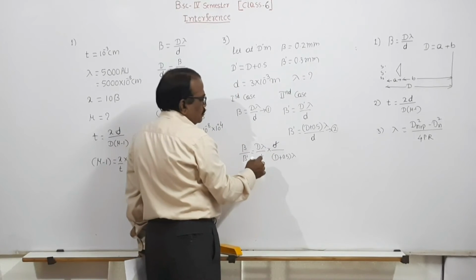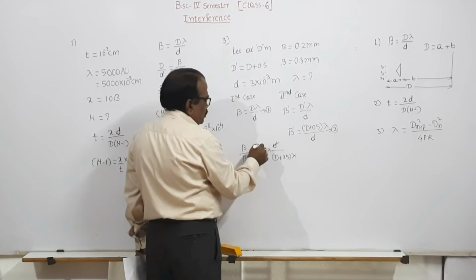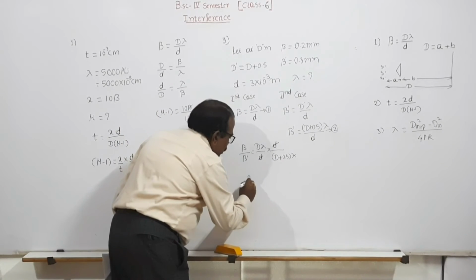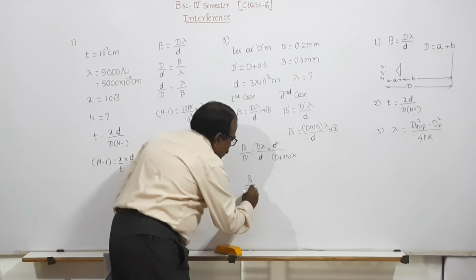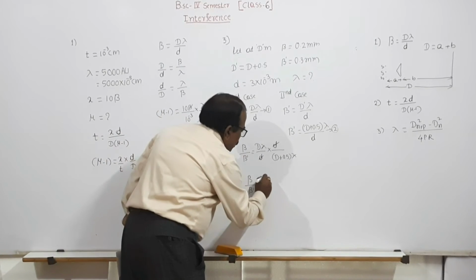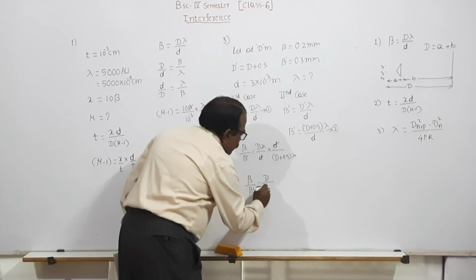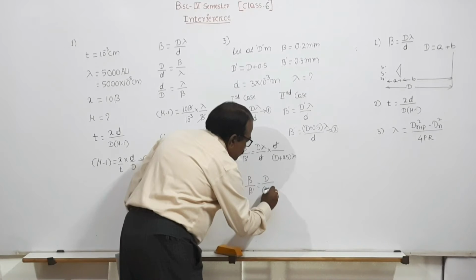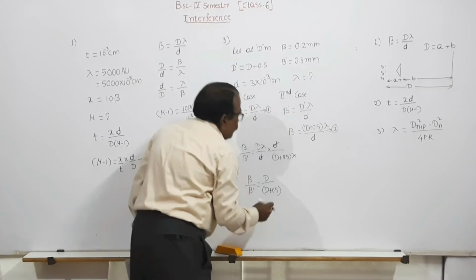D cancels, this lambda and this lambda. So beta upon beta dash is equal to D upon D plus 0.5.